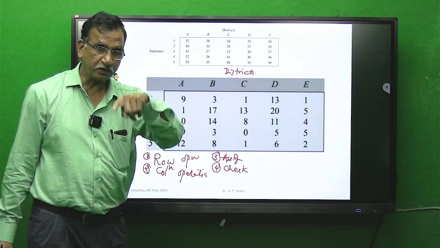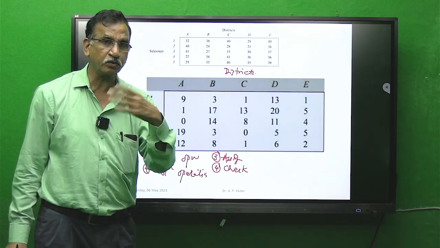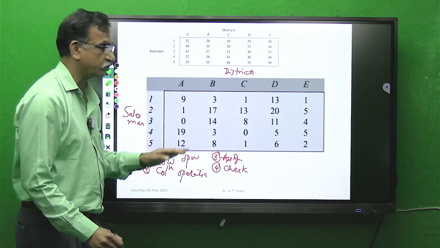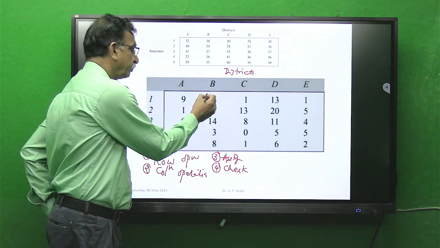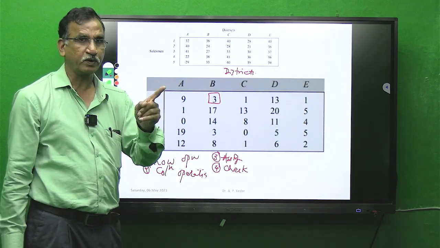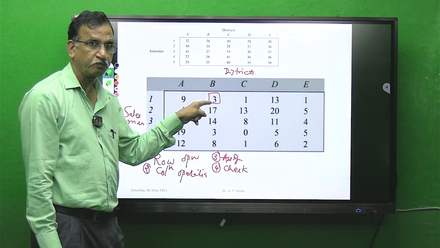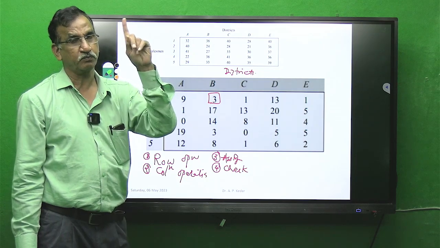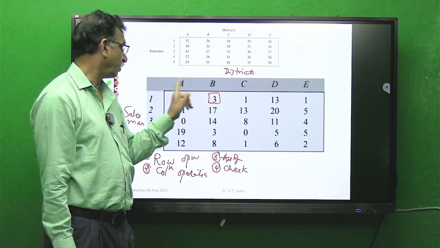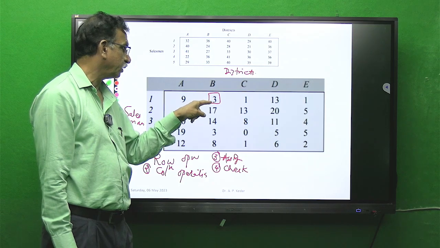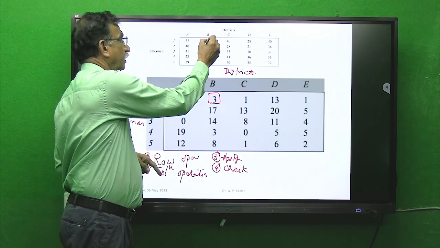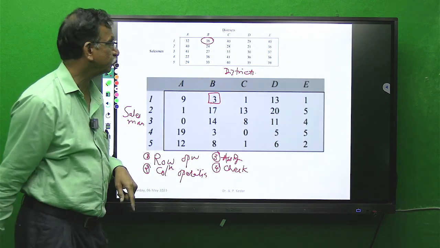So while writing the maximization answer, interpret your answer in the original matrix. That is the need. Suppose you get an assignment in this cell. When you are writing the final answer, don't write 3. I am talking of the final assignment matrix. If this is the assignment for 1B, you will not write 3, you will write 38, which is the original.